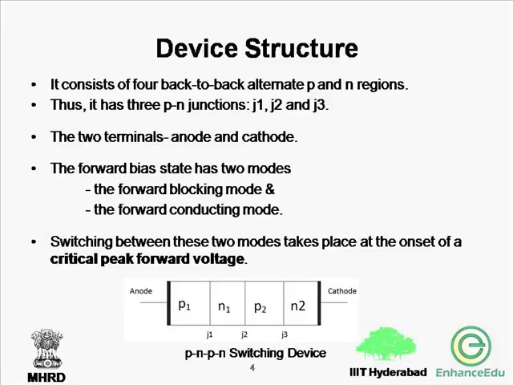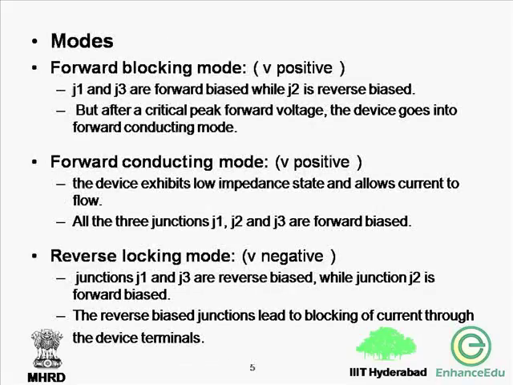However, the forward bias state for such devices has two modes of operation. These two modes are the forward blocking mode and the forward conducting mode. The switching between these two modes takes place at the onset of the critical peak forward voltage. In the forward blocking mode, that is V positive, the J1 junction and the J3 junction are both forward biased while the J2 junction is reverse biased.